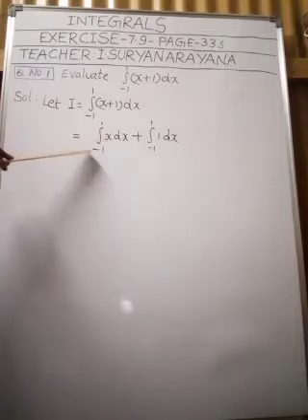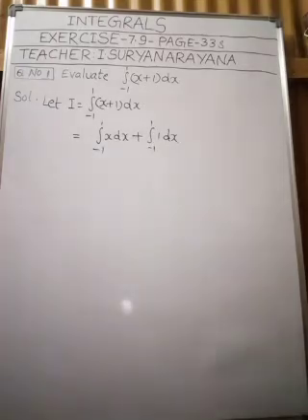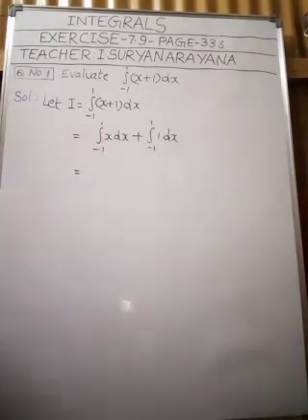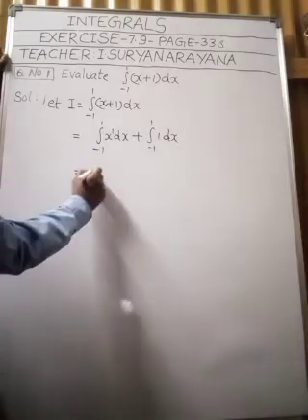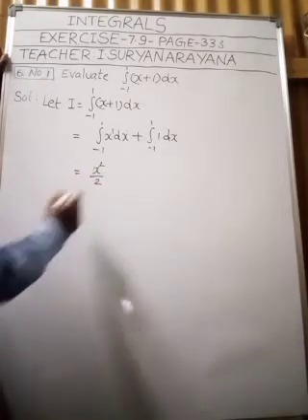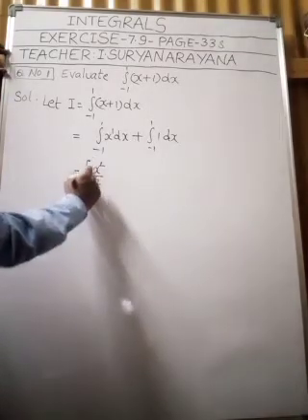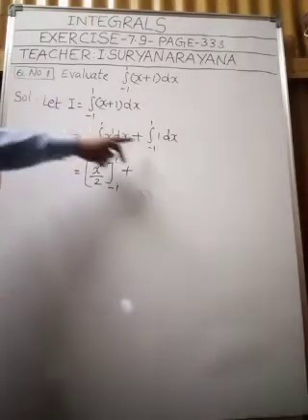We just write the limits minus 1 to 1. Understood this step, my children? Right. That is equal to the integral of x dx. What is its value? It is in the form of the integral of x to the power n dx, so x square by 2. I am writing the value of the integral directly here, with limits minus 1 to 1, plus the integral of 1 dx.